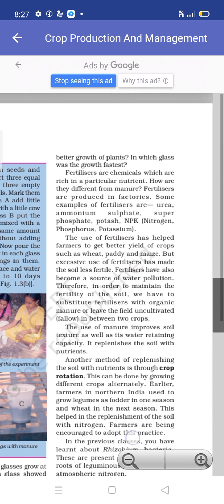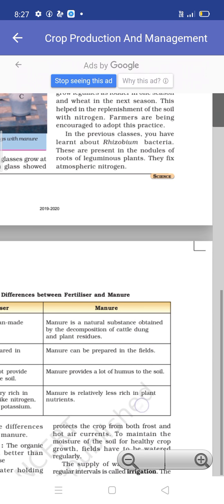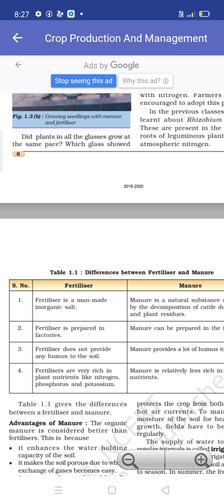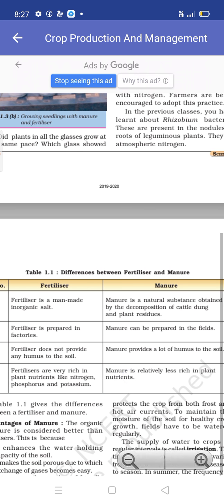Okay, and there is a difference between a fertilizer and manure that I will tell you. Manure is organic, like gobar, है ना, गोबर गैस. And fertilizers are man-made inorganic salts. Means they are made from chemicals, by mixing chemicals and many chemicals, powders also.